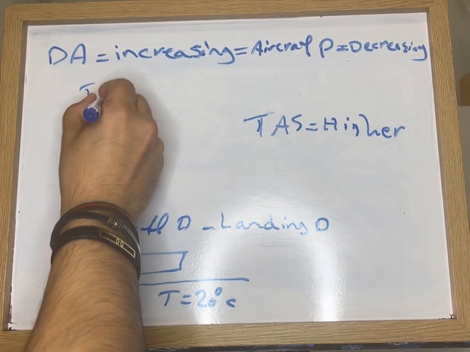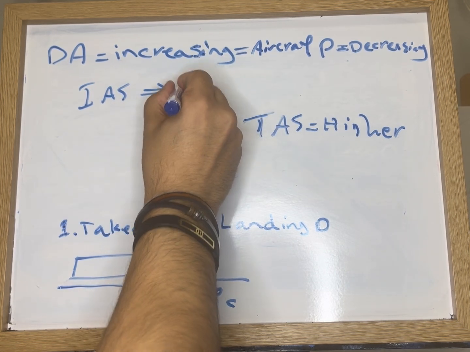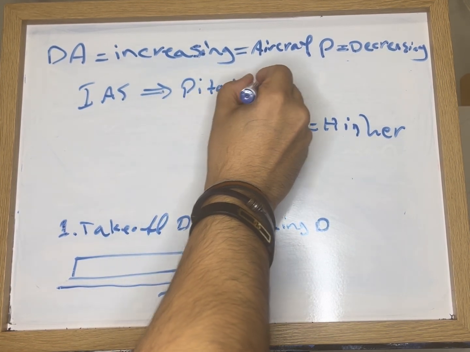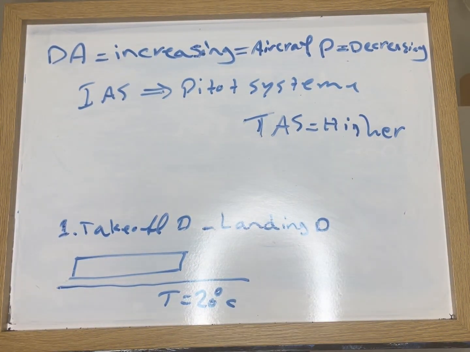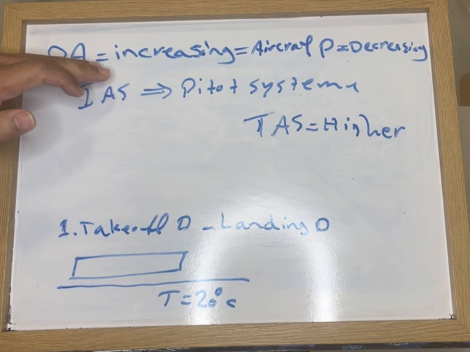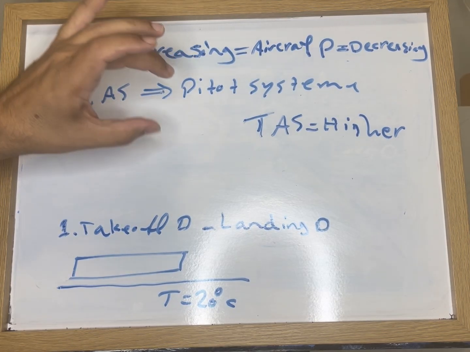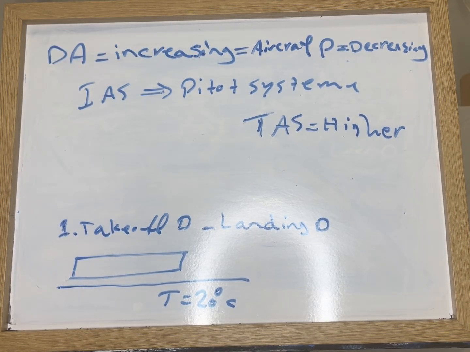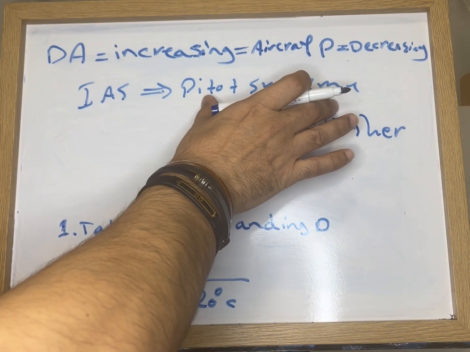Because indicated airspeed is supplied by the pitot system, and in a situation where density altitude increases, that means we are in lower pressure. So the pitot system has lower pressure.